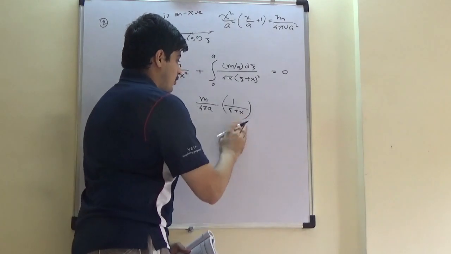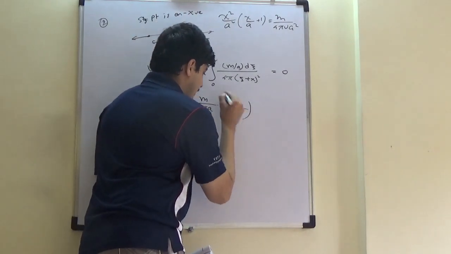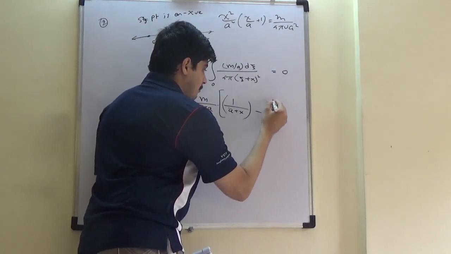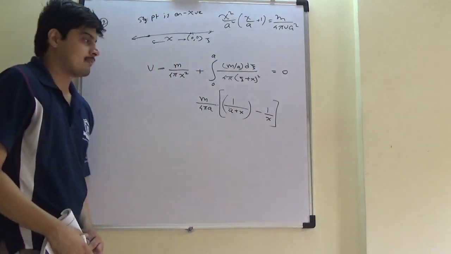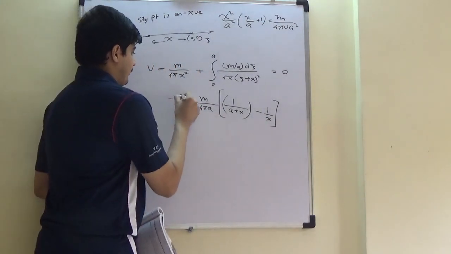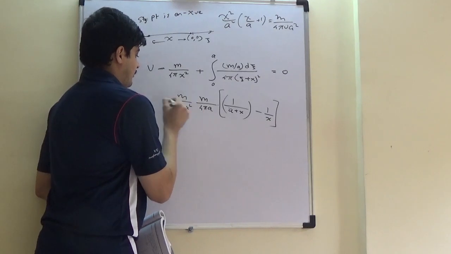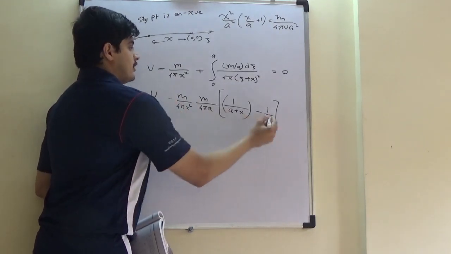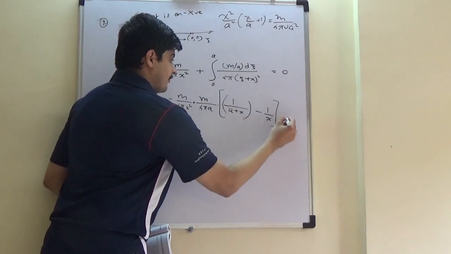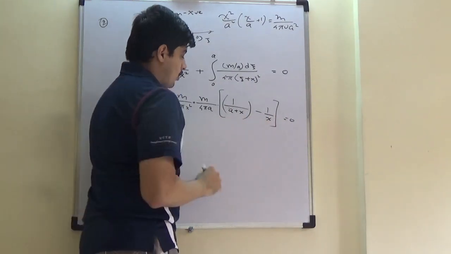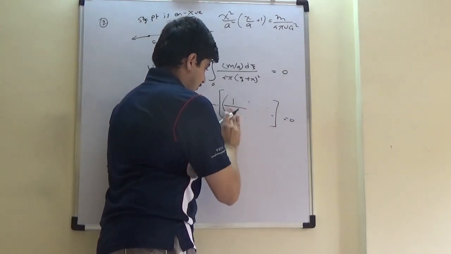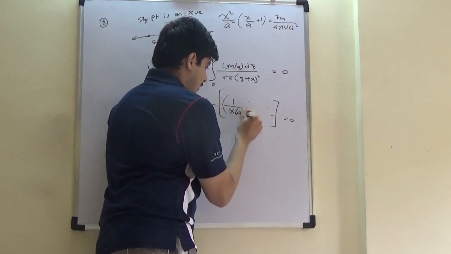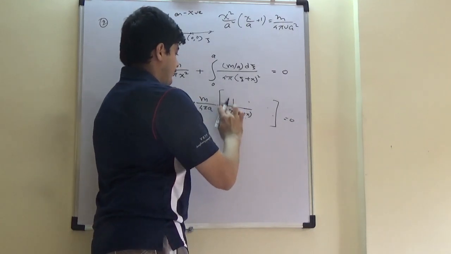So what is this therefore? A plus x minus 1 upon x. This is the integration. This is equal to 0. Now, what would this quantity be? X into a plus x, right?